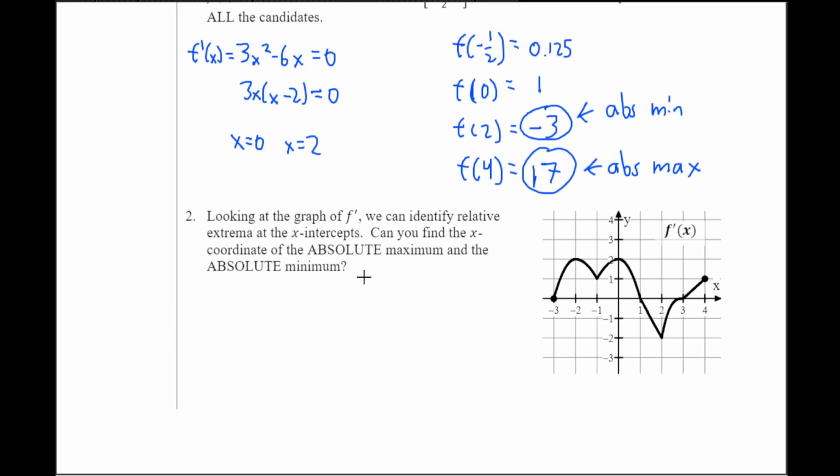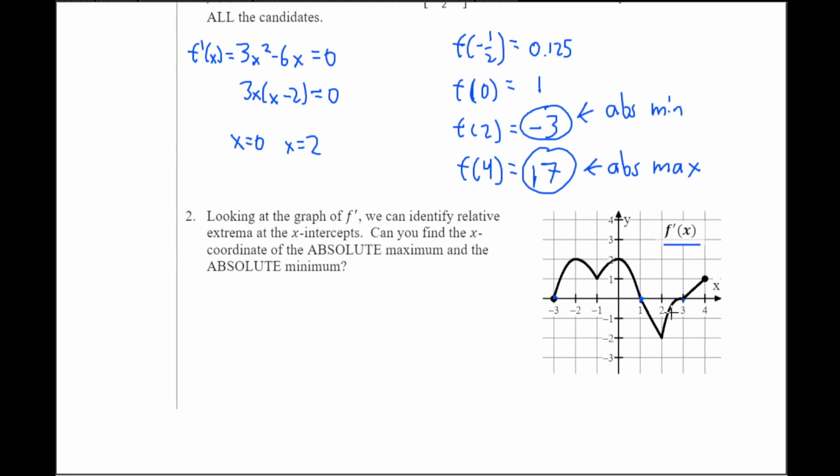This problem is a sneak peek into the next unit, unit 6, but we can still try right now. Looking at the graph of f prime, we can identify relative extrema at the x-intercepts. So the x-intercepts are right here and right here. Can you find the x-coordinate of the absolute maximum and the absolute minimum?